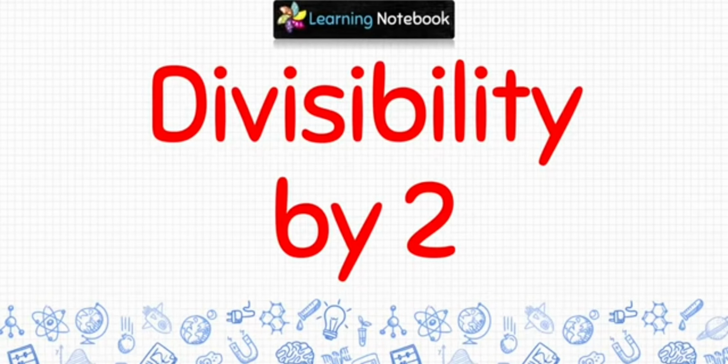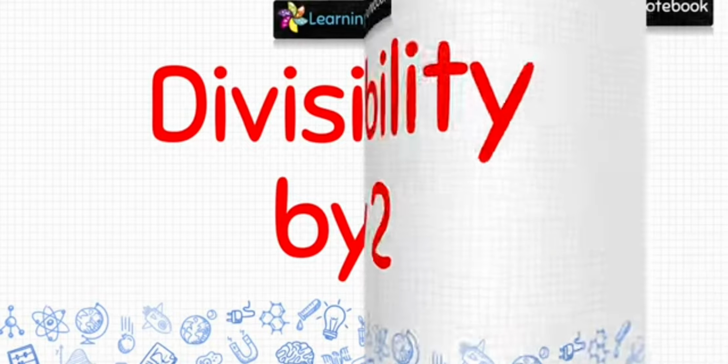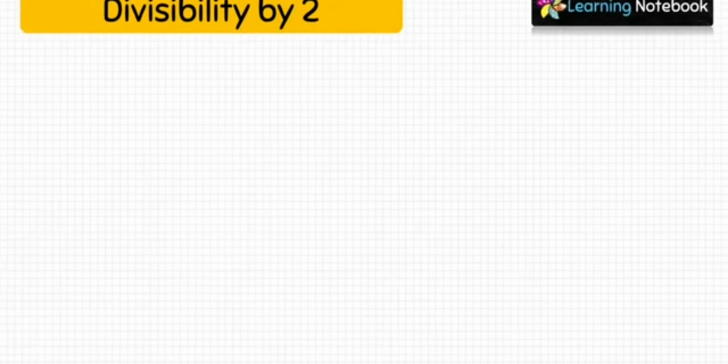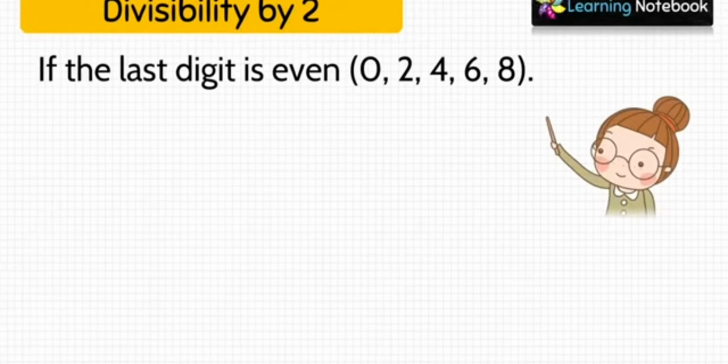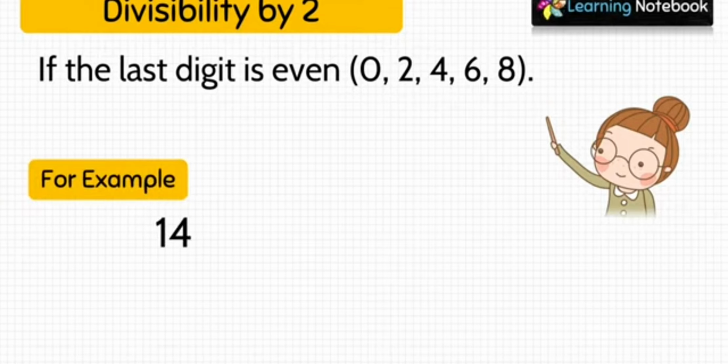So let's start and first learn divisibility by 2. If the last digit of a number is even, like 0, 2, 4, 6 or 8, then that number is divisible by 2. For example, 14, 22, 36.